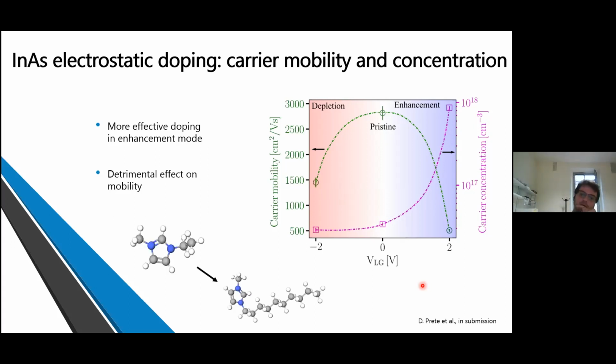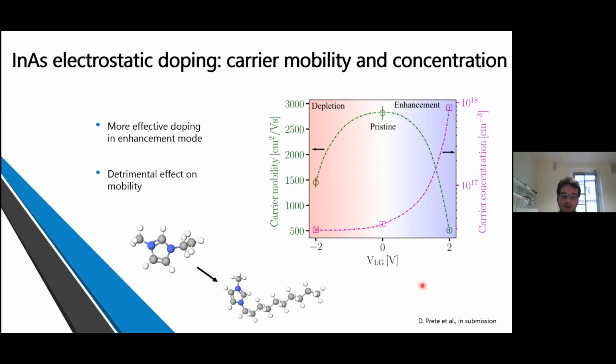A first way would be to change the cation of the ionic liquid by employing a cation which has a longer alkyl chain length. A second possible solution would be to introduce a dielectric spacer, which is basically spatially decoupling the ionic liquid from the nanowire.